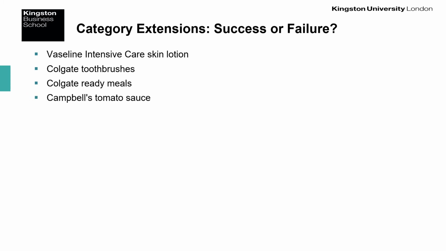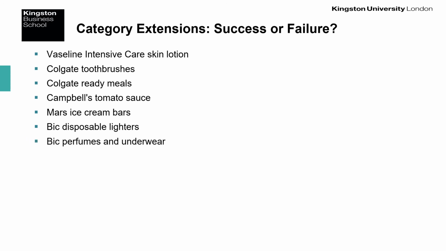Campbell's extending from soup to tomato sauce. Mars extending from chocolate bars to ice cream bars. Bic extending from disposable ballpoint pens to disposable lighters. And Bic again extending from disposable ballpoint pens to disposable perfumes and disposable underwear.